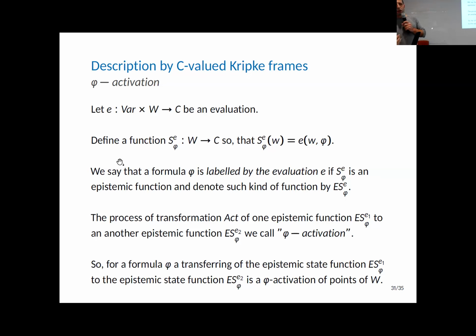And we say that this formula is labeled by the evaluation E if this S E phi is an epistemic function. And then we construct the transformation. So we are trying to model the transformation process from one epistemic state to another, and we call it the phi activation of the elements on the points of W.